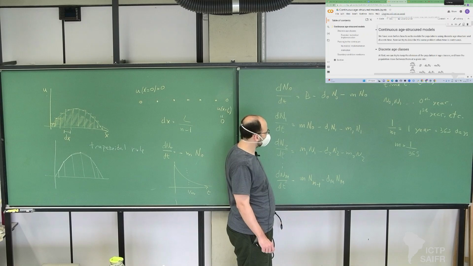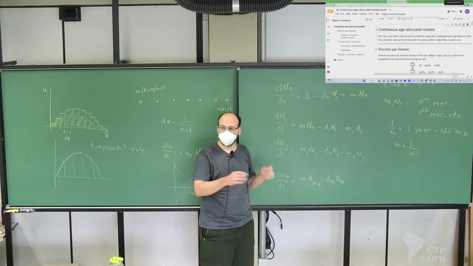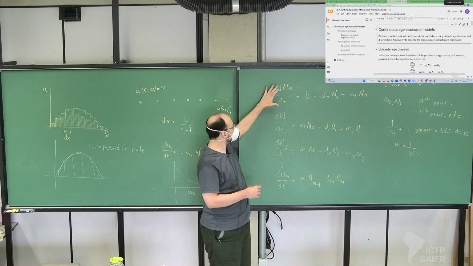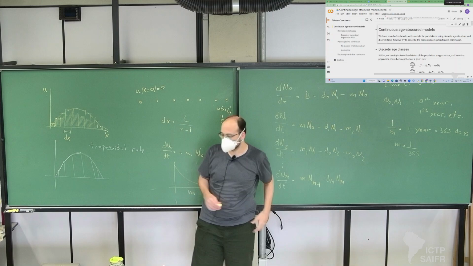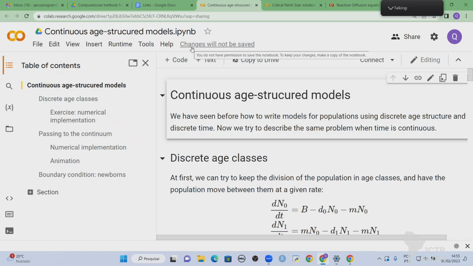This passing of time when you just have movement across different age classes. Okay, so let's see how you do that in the computer. Over here, let me turn this off.